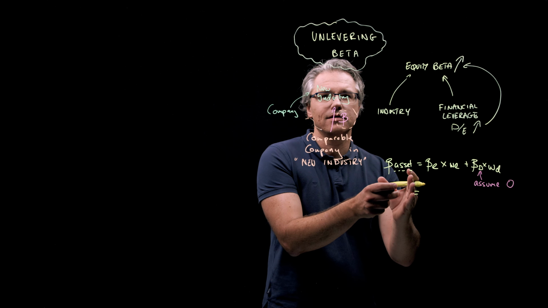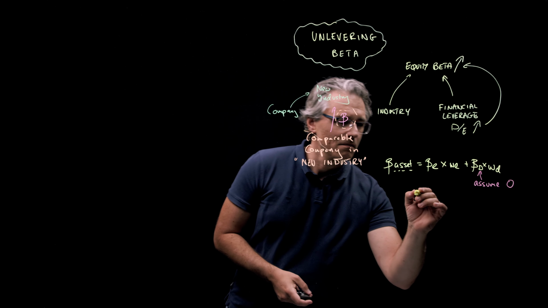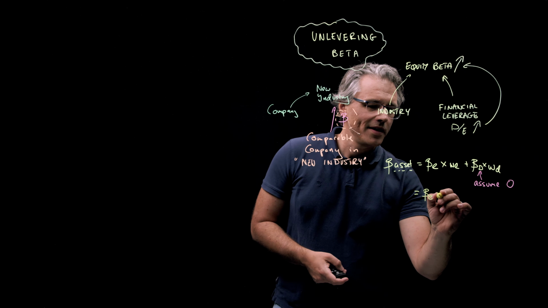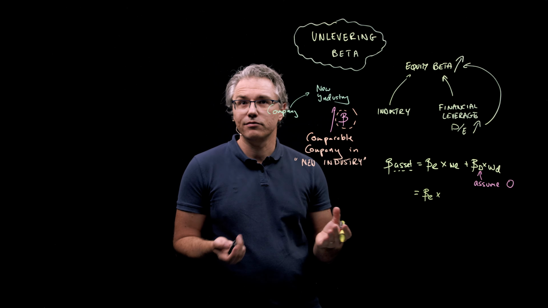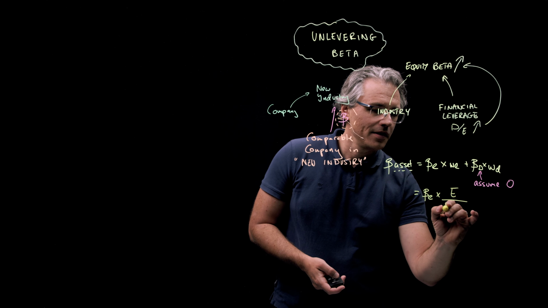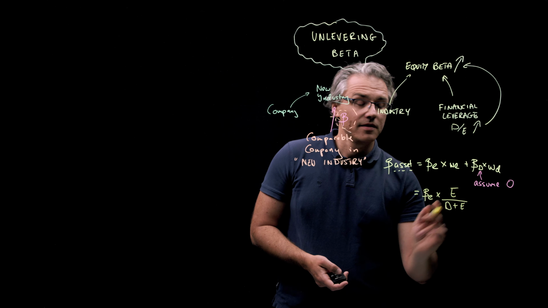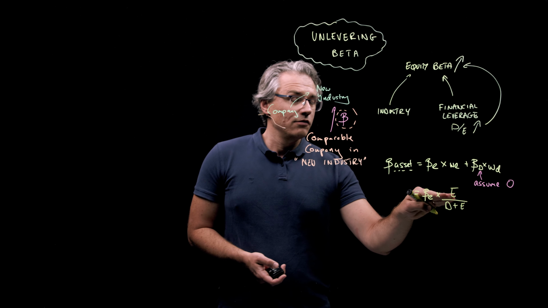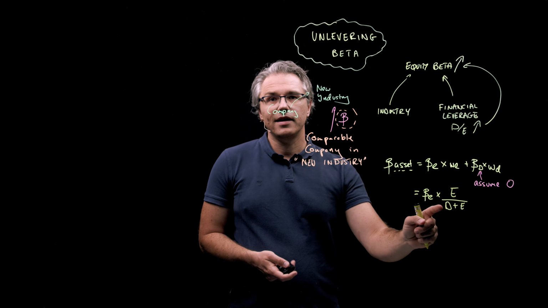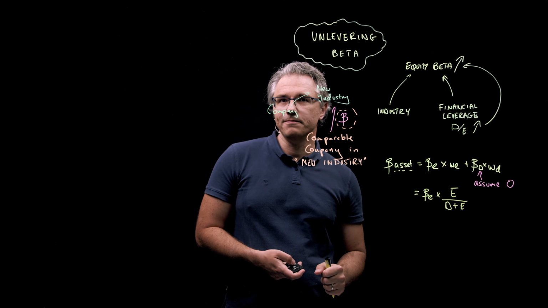Beta of the asset is equal to beta equity, or equity beta, times the weight of equity, which I'm now going to write out as E divided by D plus E. So the relationship between the amount of equity and the amount of debt and equity.